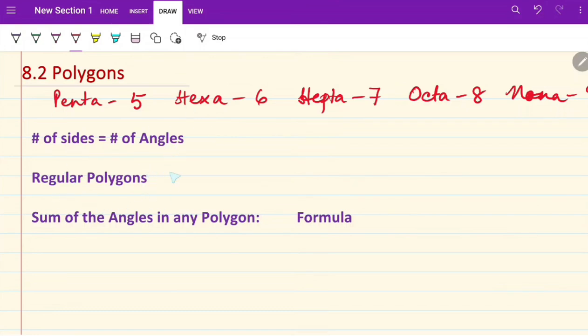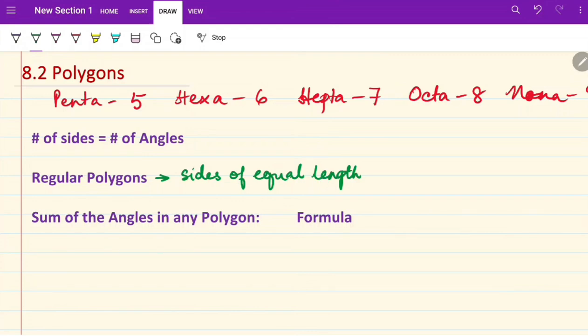All right. Now, a regular polygon is one whose sides are all of equal length, and therefore the angle measures are also equal.